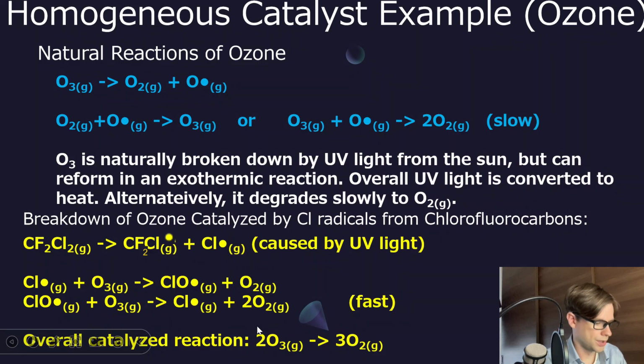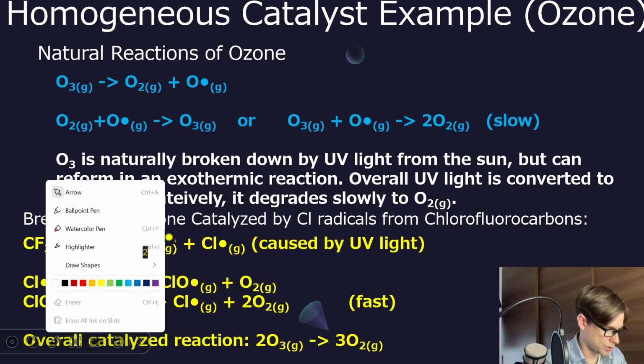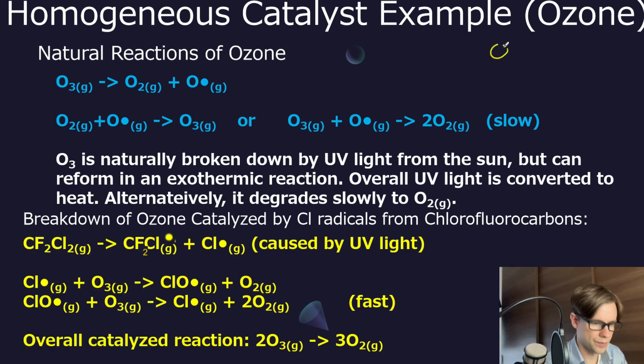So you might remember the O3 Lewis structure is something like this. 3 oxygens, 1 double bond, 1 negative charge, and 1 positive charge.